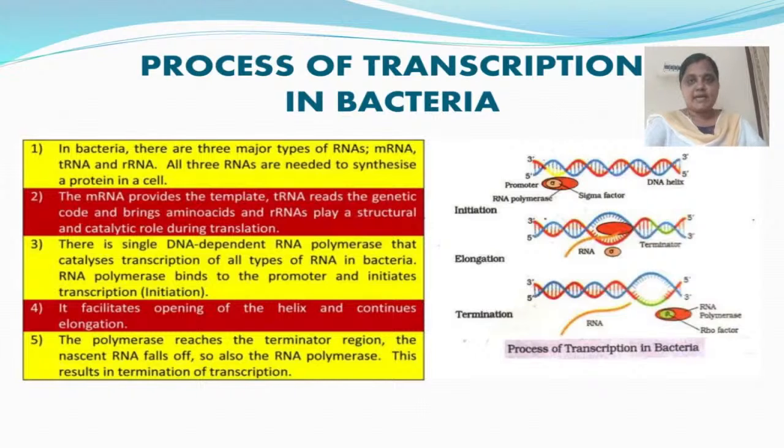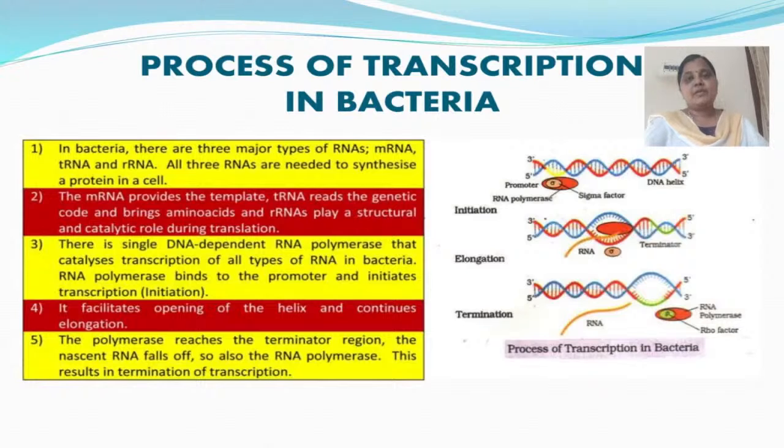RNA polymerase 2 transcribes the precursor of mRNA, the heterogeneous nuclear RNA, that is hnRNA. And RNA polymerase 3 is responsible for the transcription of tRNA, 5S rRNA, and snRNAs, the small nuclear RNAs.